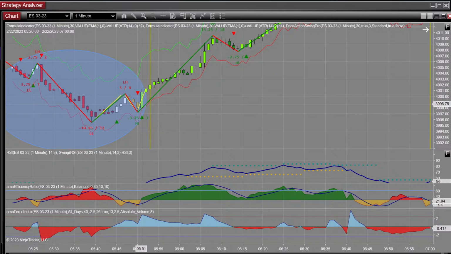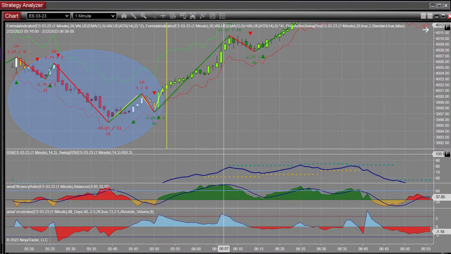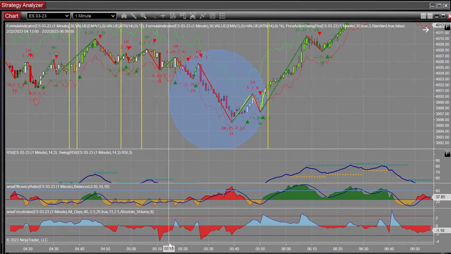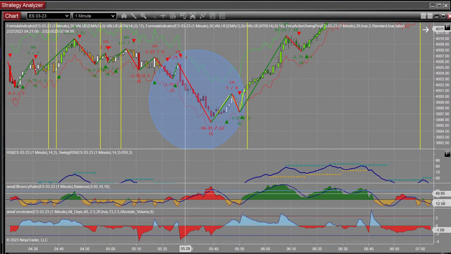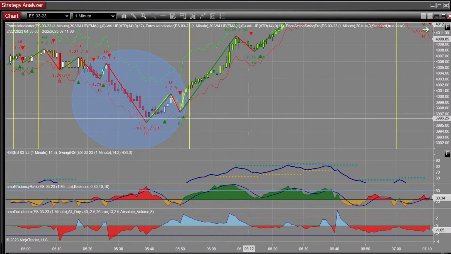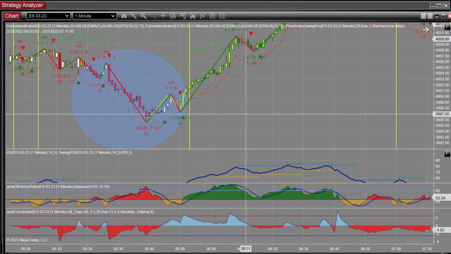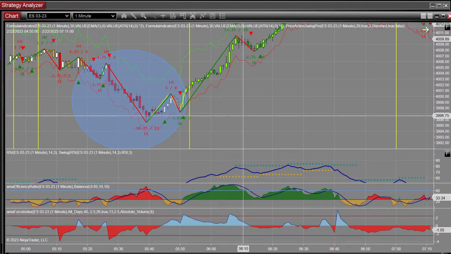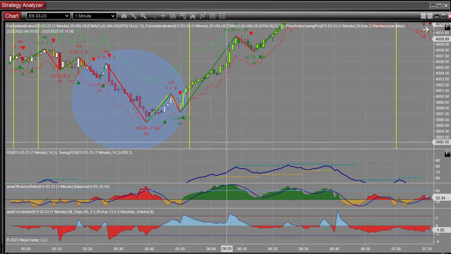This low got confirmed as soon as this candle formed. So a cool thing you can do with this is it's a non-repainting way to identify higher lows without using the lag of the swing indicator.